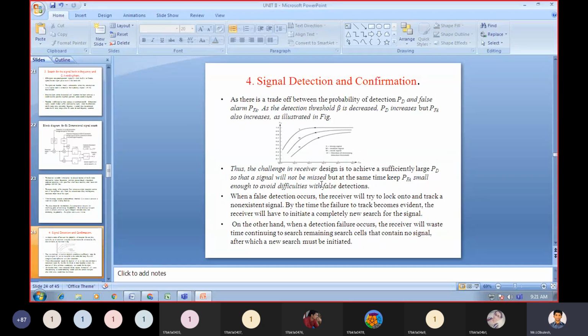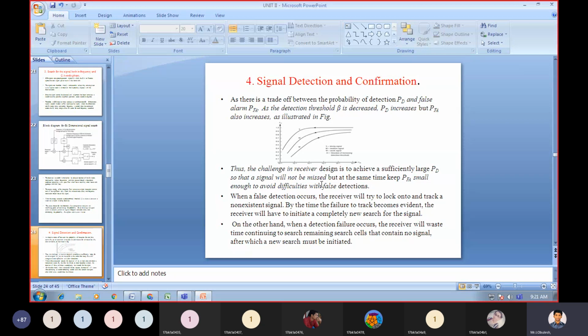As there is a trade-off between the probability of detection PD and false alarm PFA, as the detection threshold beta is decreased, PD increases but PFA also increases.